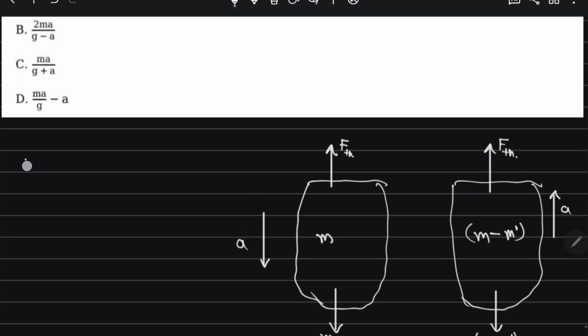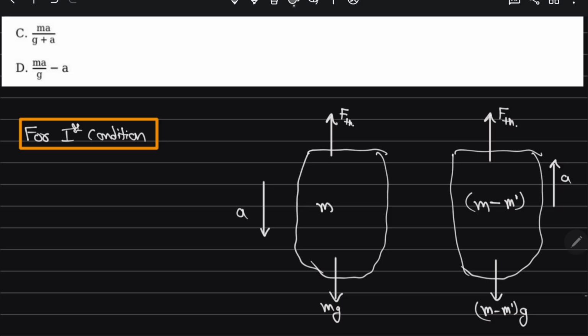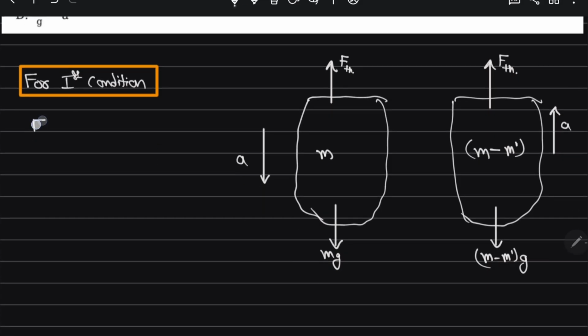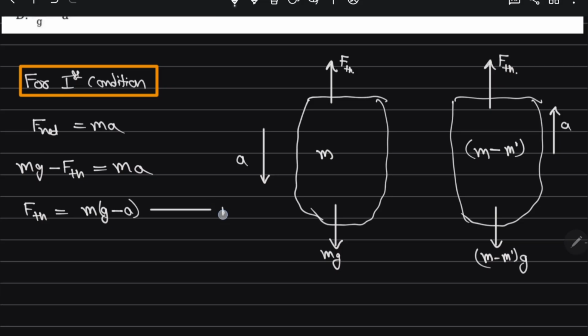So just write the equation of motion for the first condition. F net is equal to mass into acceleration. Here they are coming downward, so mg minus F thrust is equal to mass into acceleration. So F thrust I write as mg minus ma. This is our equation first.